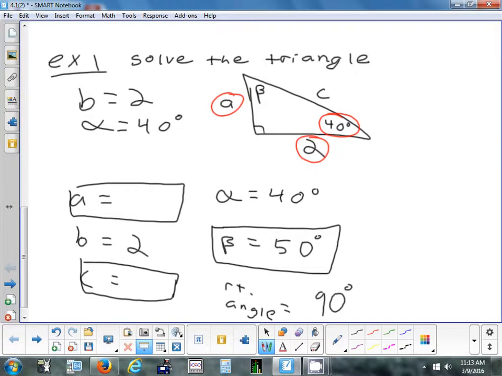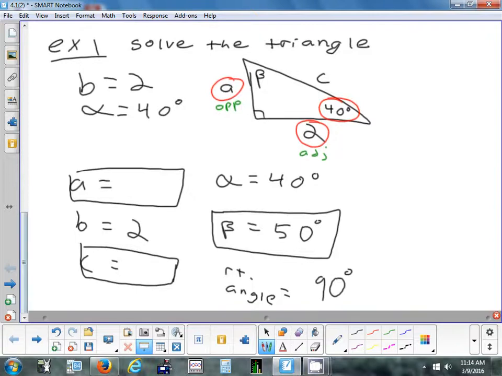That's opposite. And from the perspective of the 40, what side is the 2? That's adjacent. Now, out of sine, cosine, and tangent, there's only one trig function that has opposite and adjacent in it. What trig function has opposite and adjacent? Yeah, tangent. In the definitions from yesterday, tangent is opposite over adjacent.